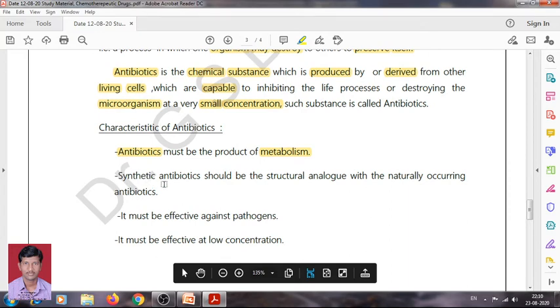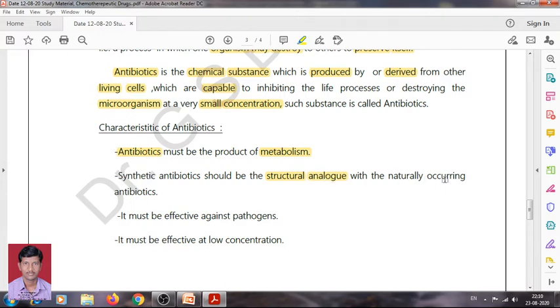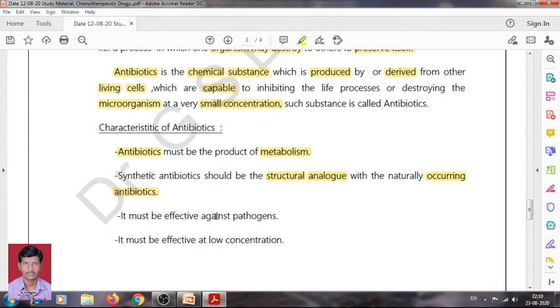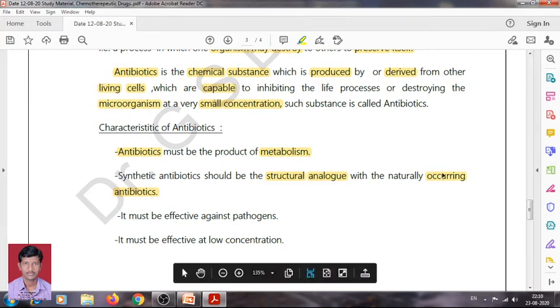The synthetic antibiotics should be structural analogs of naturally occurring antibiotics, for example penicillins.